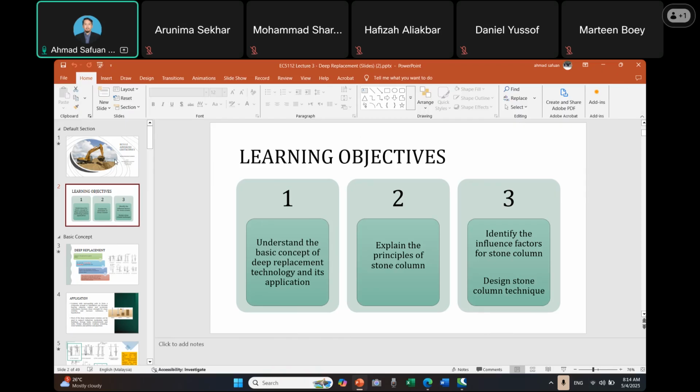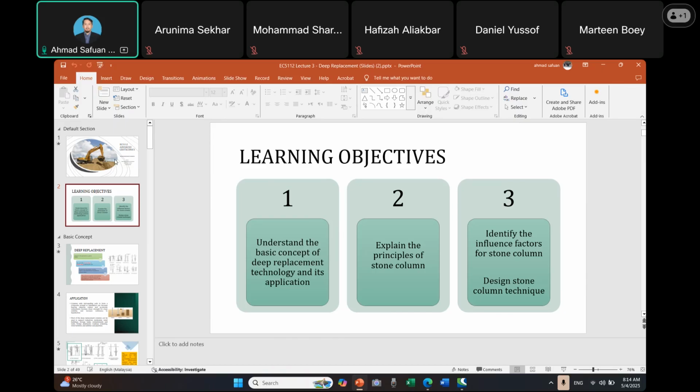As I mentioned before, we have several types of material used as deep replacement methods. However, in this topic, we investigate and explain the stone column methods only. The concept may be similar when we use other types of material.